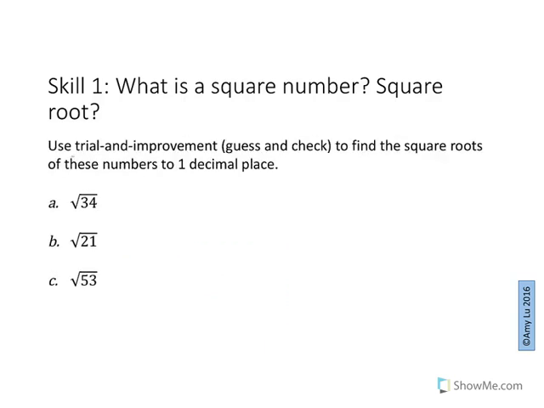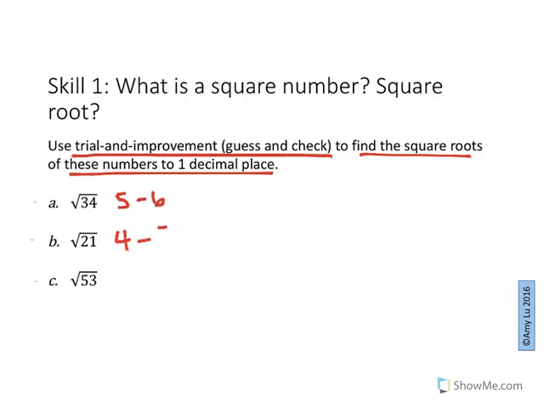Now in this problem, we need to use trial and improvement, otherwise known as guess and check, to find the square root of each of these numbers to one decimal place. In the previous slide, we actually did work these out. We figured out that the square root of 34 had to be between 5 and 6. We knew that the square root of 21 had to be between 4 and 5.